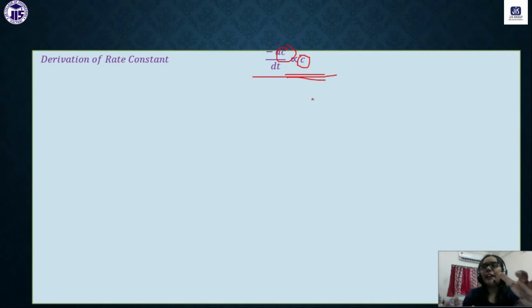If we have a higher amount of oxygen in our water sample, what will happen? At that time all types of biodegradable waste will decompose very rapidly. The rate of the reaction will increase, understand? So the consumption of oxygen, dC/dt, will depend on how much dissolved oxygen is there in our water sample.